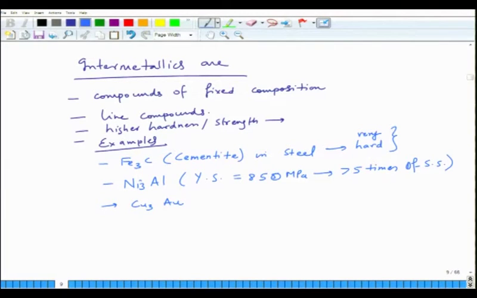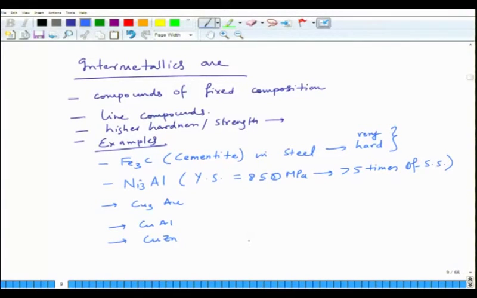These precipitates form in copper gold systems, and they again give rise to high hardness. Similarly, there are a lot of other systems. You have things like CuAl, I showed you CuZn. So, all of these intermetallics of fixed composition have high hardness.